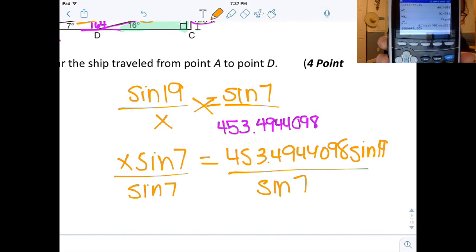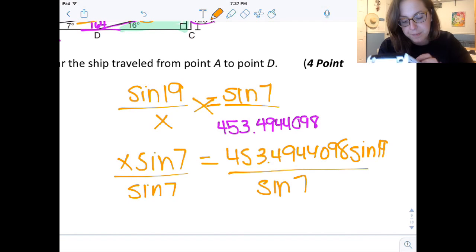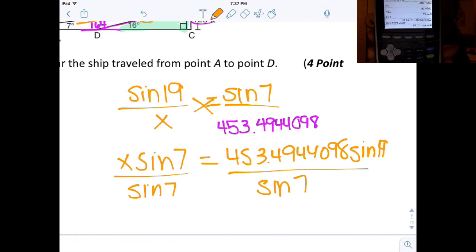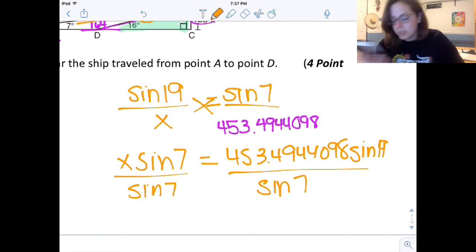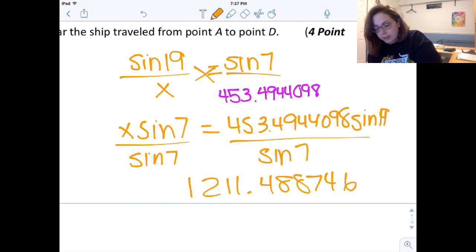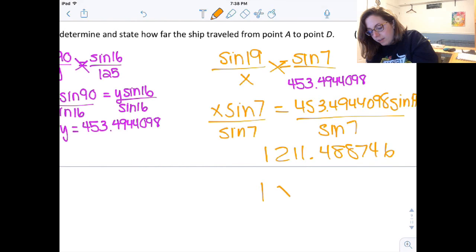I'm going to put that last answer times sine 19. Make sure you close your parentheses after. Divided by sine of 7. And so that comes out to be 1211.488746. And they want it to the nearest foot. So this would be 1,211 feet.